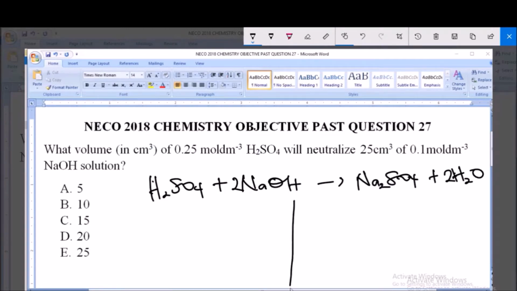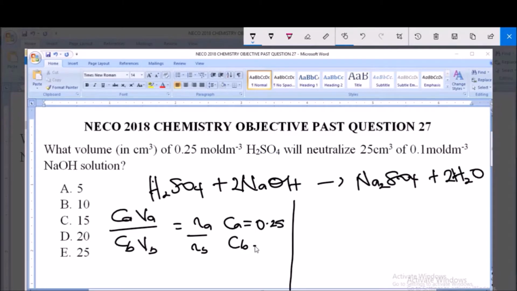So now from here we can simply say, using the formula, CaVa over CbVb is equal to Na over Nb. Now we have that Ca, which is the concentration of the acid, to be 0.25 mole per dm cube. Cb is equal to 0.1 mole per dm cube.